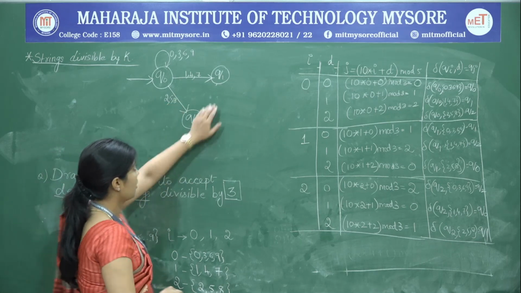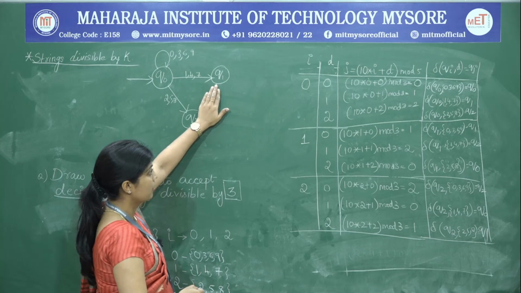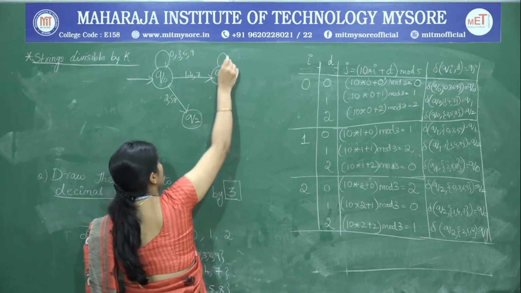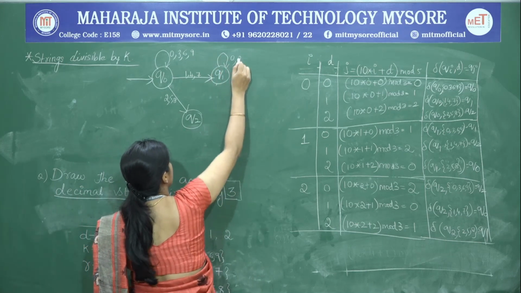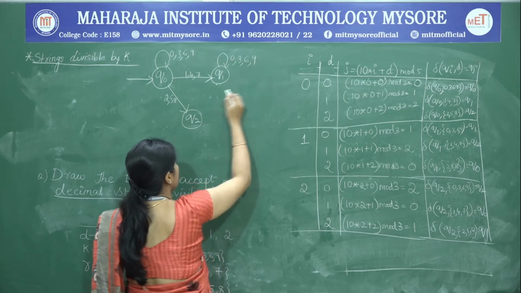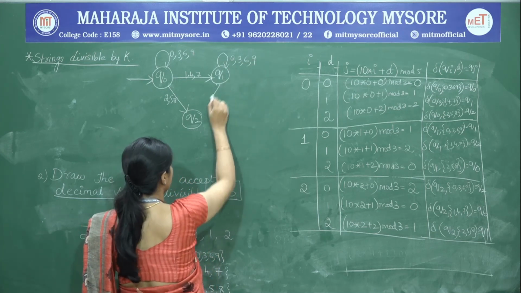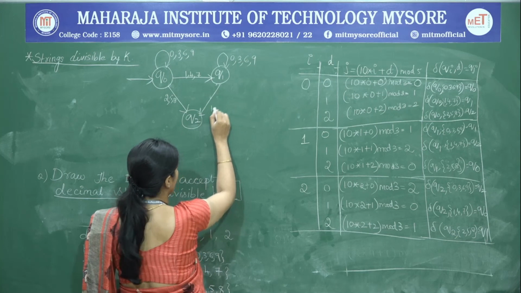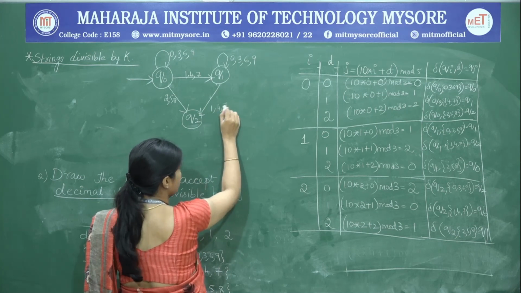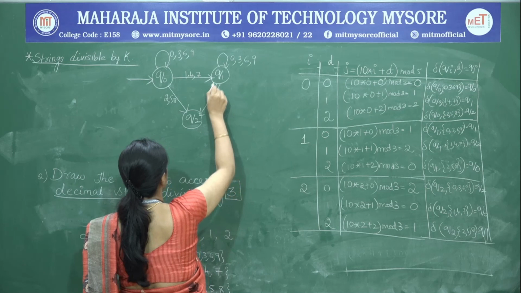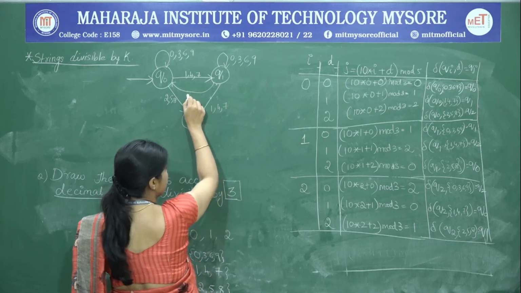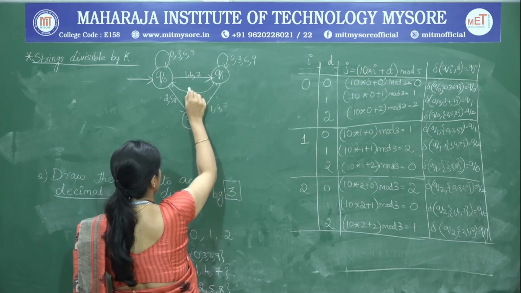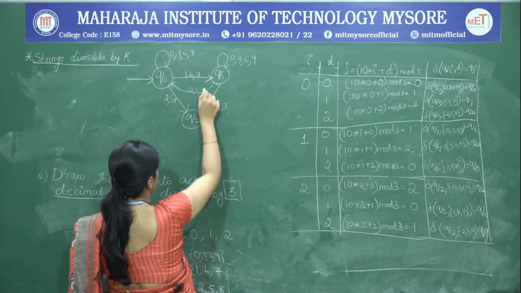So similarly, we are framing the transitions from q1 now. So q1 to q1 on 0, 3, 6 and 9. Next is q2 on 1, 4 and 7. Next we are going back to q0, which is on 2, 5 and 8.